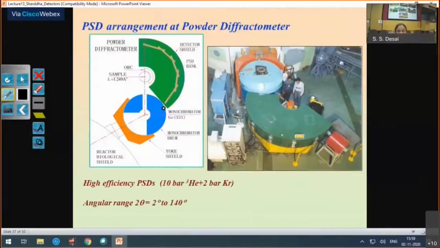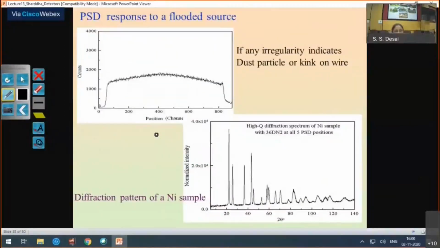So now we have reduced the experimental time, that is the reactor beam utility time, and you have tailored the position resolution of this detector quite well. Okay, this is another test of the position sensitive detector.